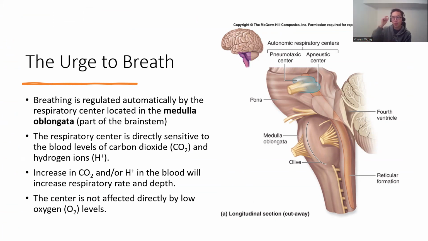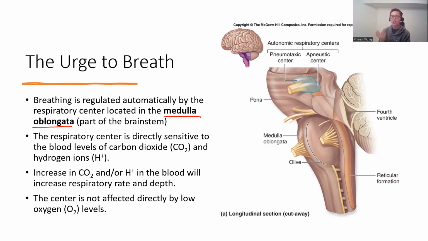So the breathing center, or the respiratory center, the same thing, is located in the medulla oblongata, and that's part of your brainstem. We'll learn about the medulla oblongata in greater detail when we get to the nervous system. But your brainstem does a lot of automatic stuff for you, including breathing.